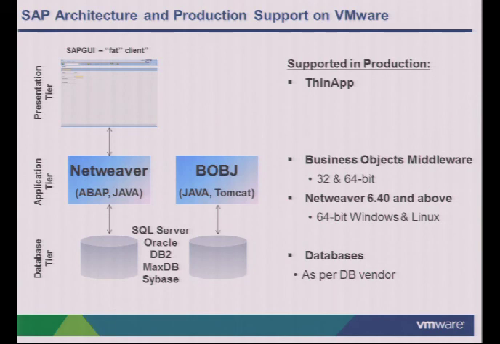Now, recently, SAP, they own Sybase. Sybase is now supported to run in production, so you can run the SAP ERP system on Sybase on VMware. That's relatively new, so in the future we might see Sybase coming up to speed. Going forward, SAP's long-term roadmap is to add another component to the data layer.